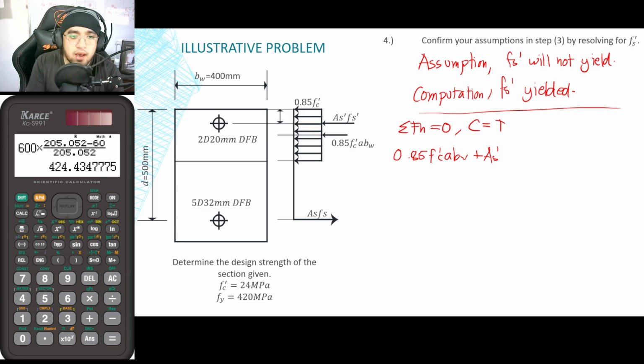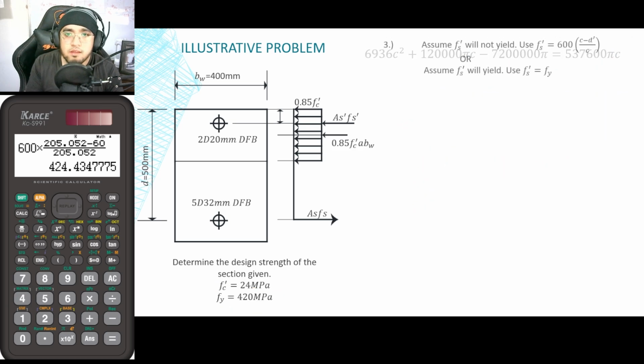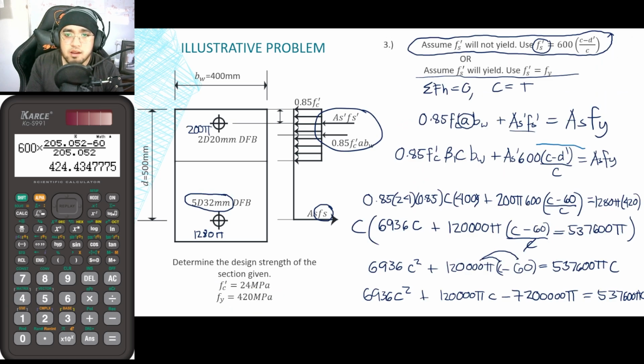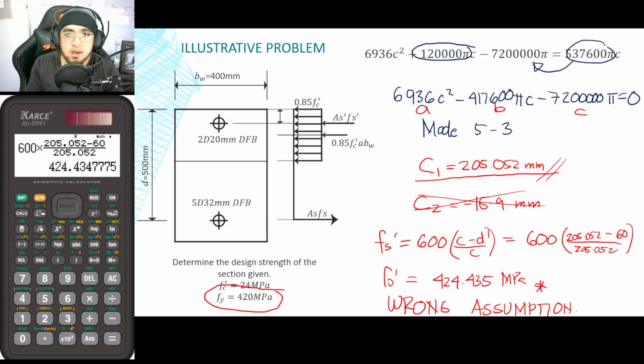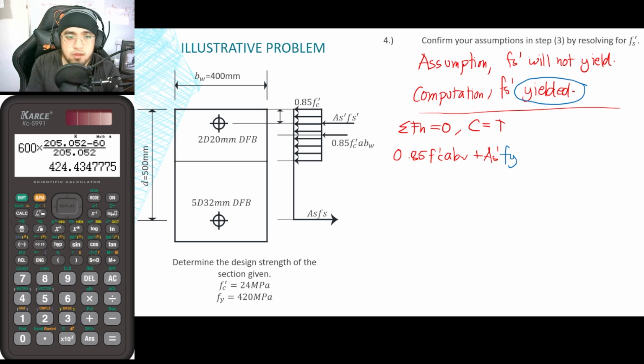But this time, guys, we will now be changing the value of Fs prime as Fy, because in our computation, we have solved for there that Fs prime will not yield. But this time, since it has yielded according to our computation, we will now be changing Fs prime to Fy and not to 600 times C minus D prime all over C. So, going back once again, that is Fy.